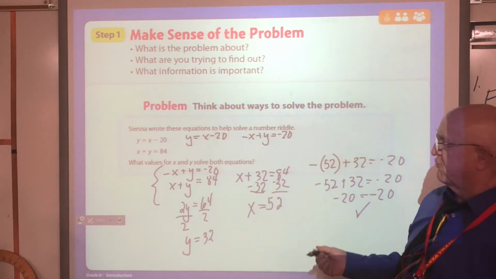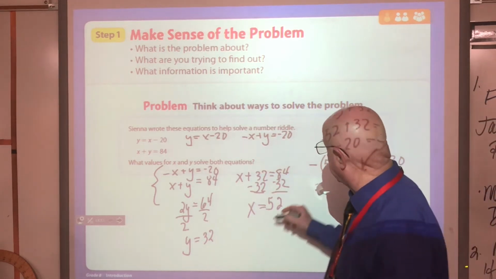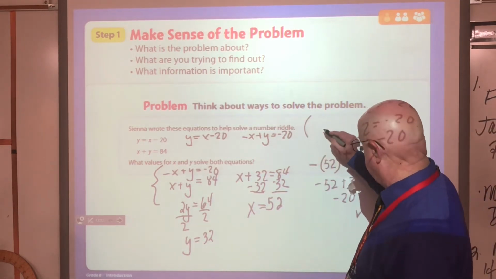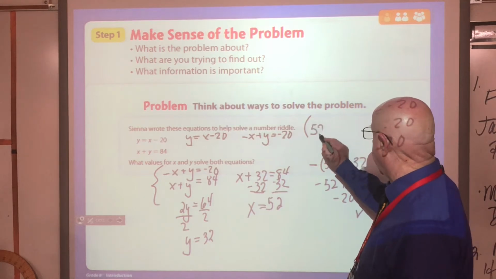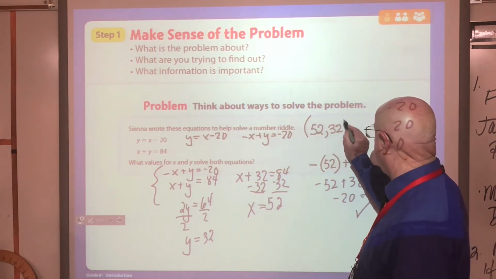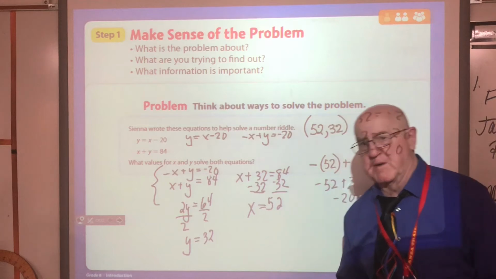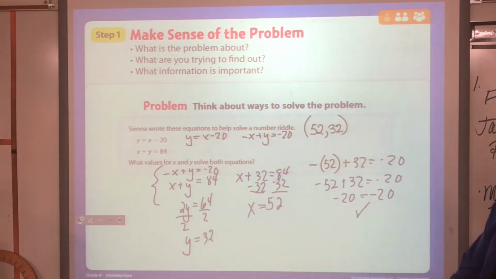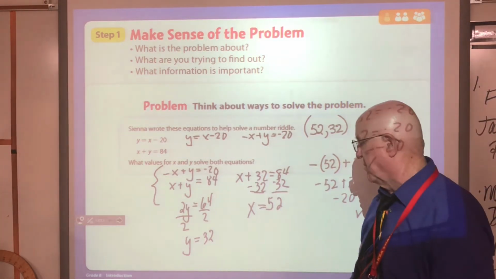So it's true, so my solution to this system is the ordered pair x is 52 and y is 32. Okay, that's a pretty basic system, but it's the simplest way to do this particular problem.